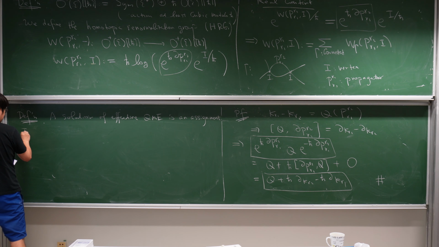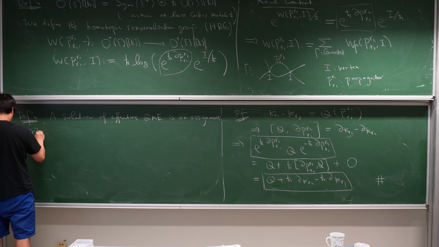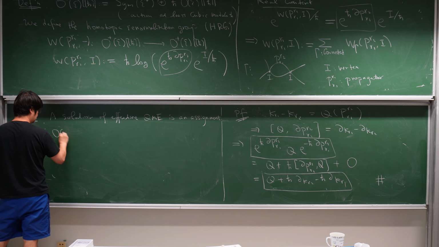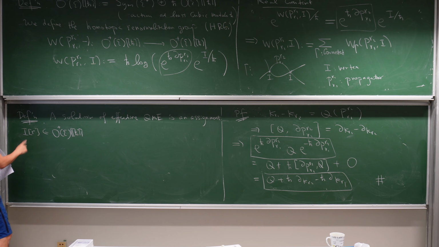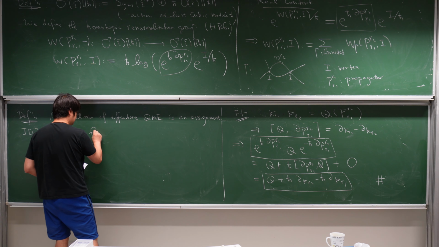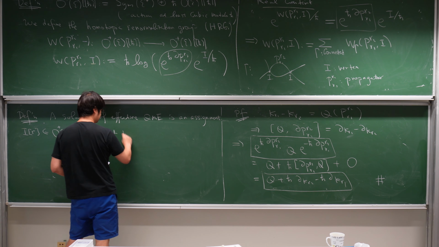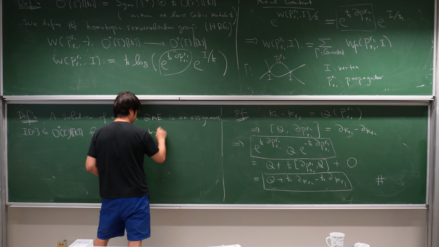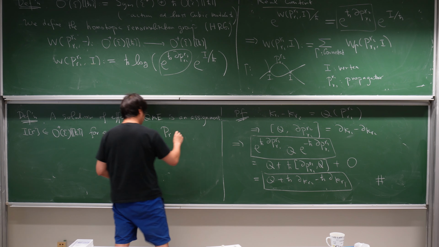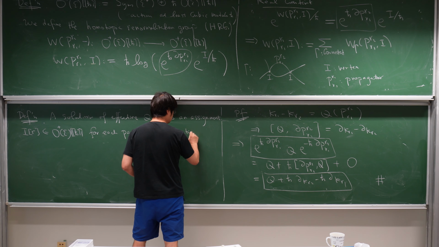Let's call it IR, of this object, basically a family of interactions parameterized by some regularization, for each parametrix P_R, satisfying the following property.